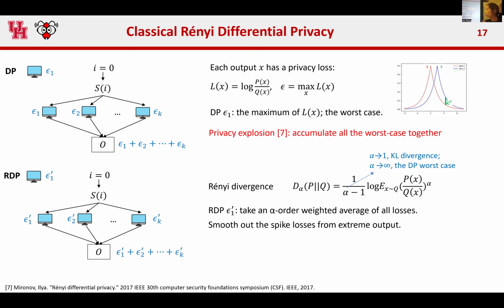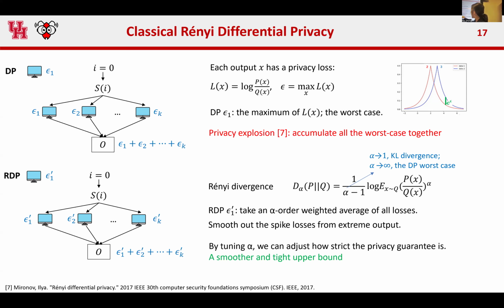Now, focusing on one CPU, for RDP epsilon 1 prime takes an alpha-order weighted average of all losses. It smooths out the spike losses from extreme outputs. We can tune this alpha parameter ourselves to adjust how strict the privacy guarantee is, and finally we get a smoother and tighter upper bound.